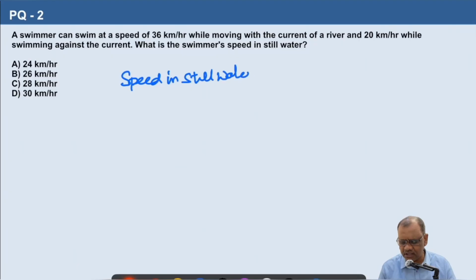The formula is upstream speed and downstream speed, both you have to add: 36 plus 20 divided by 2.